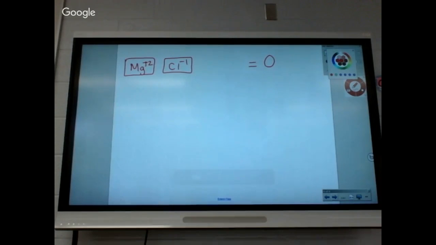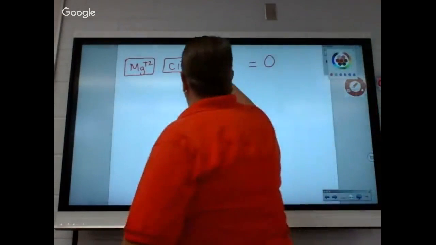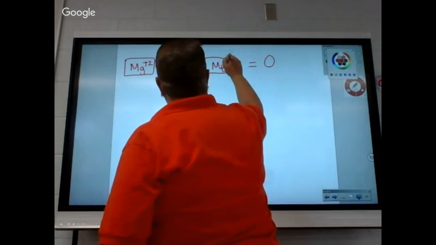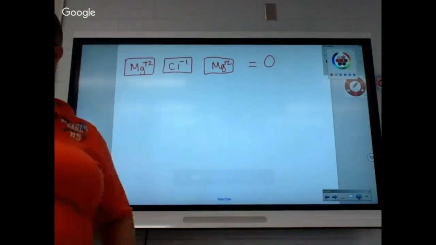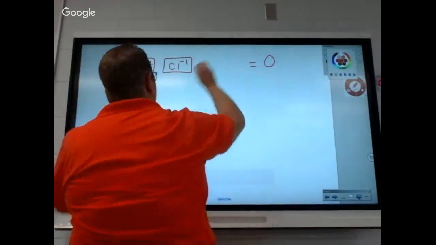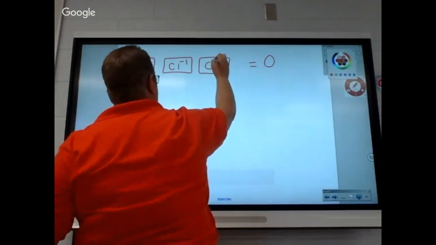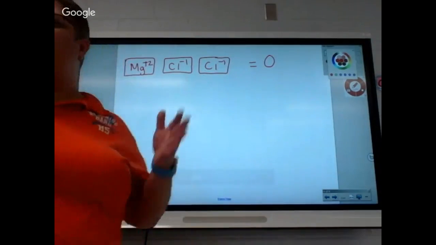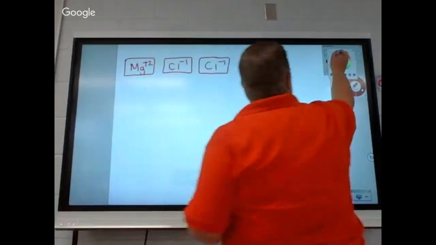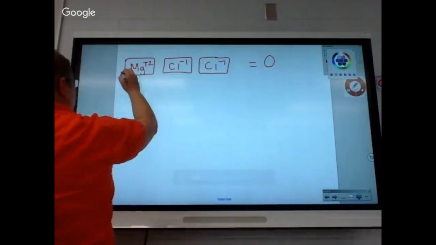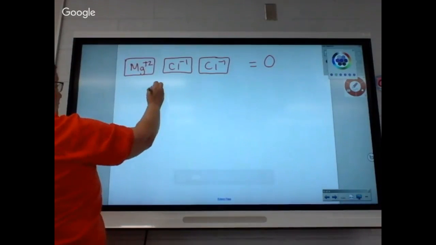All right. So if we look at what we have right there, you have a magnesium and a chlorine. We said they don't total 0, right? So if they don't total 0, and I added another magnesium, for example, is it going to equal 0? No. Now, what if I added another chlorine? Would that total 0? Yes. Now, that would mean that when I wrote the formula, how many magnesiums do I actually have?